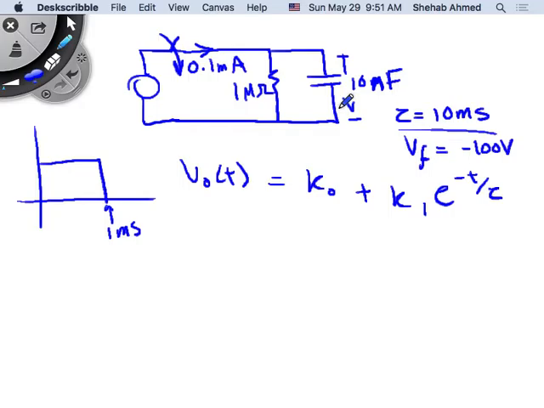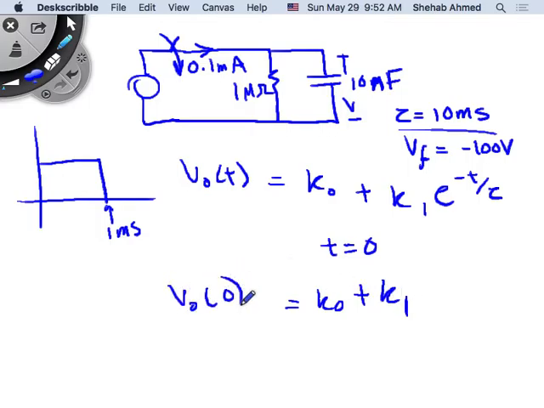We know at steady state what happens from the transient response. At t equals 0, let's substitute: e to the 0 is equal to 1, so the output will be K0 plus K1, which is V0 of 0.